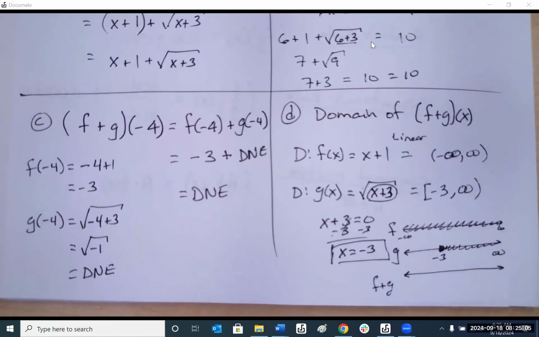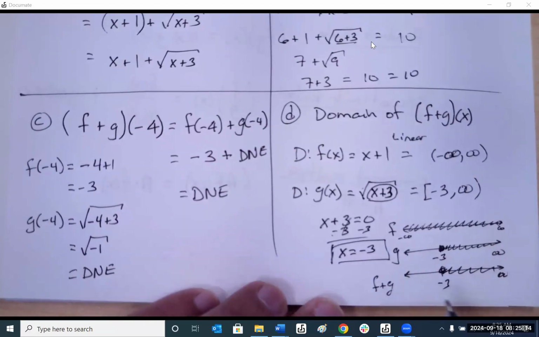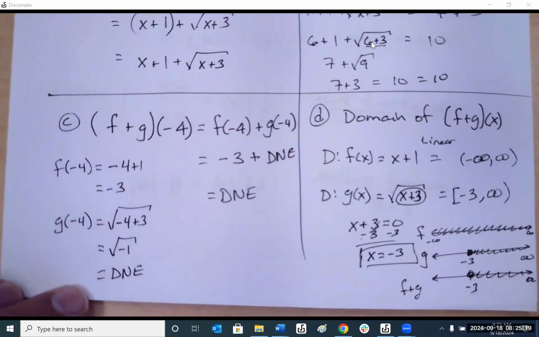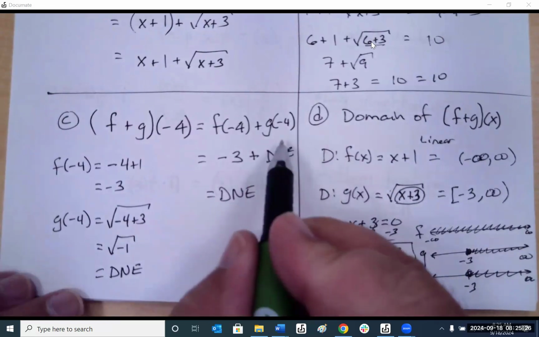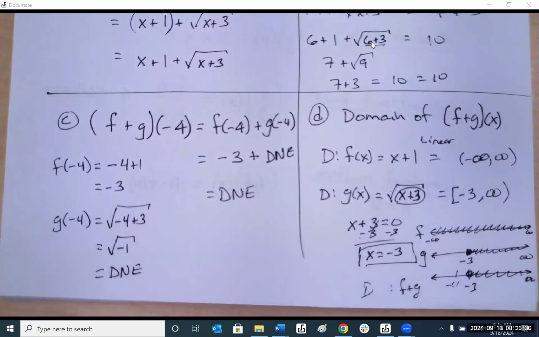So where do they overlap? From -3 to infinity. So those are the only numbers we can use. That's the domain of our function. So is -4 inside the domain? No, -4 is outside. That's why it tells us we can't use it, because -4 is not in our domain.